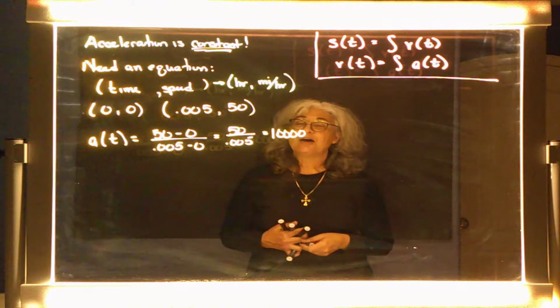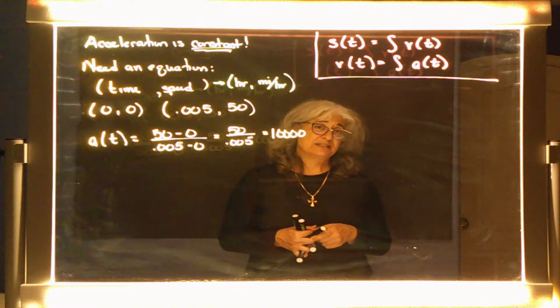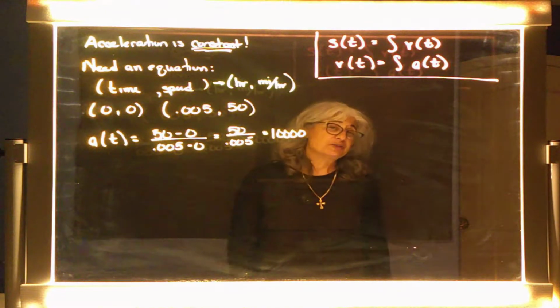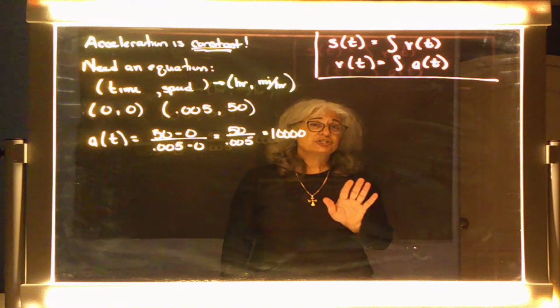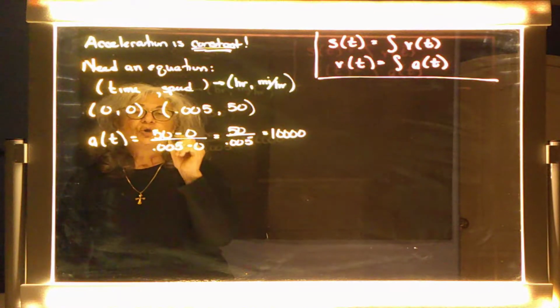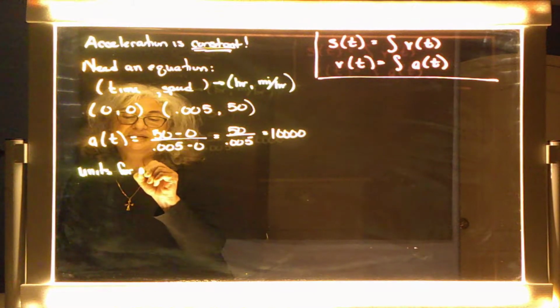Okay. Now, most people don't know what units that 10,000 is in. You're like, well, if that's acceleration, what's the units? Is it still miles per hour? Actually, it's not. So here's how I'm going to show you what the units are. Units for acceleration.